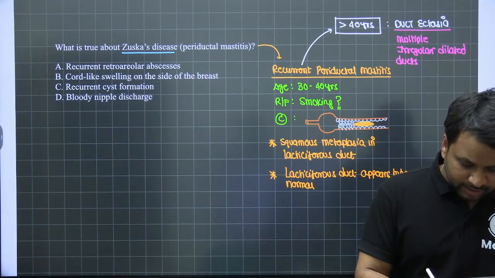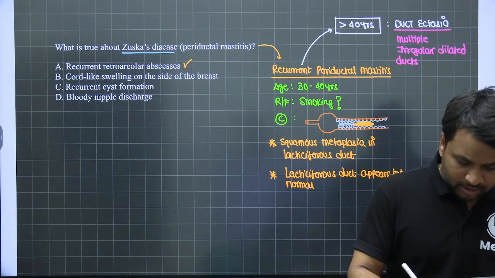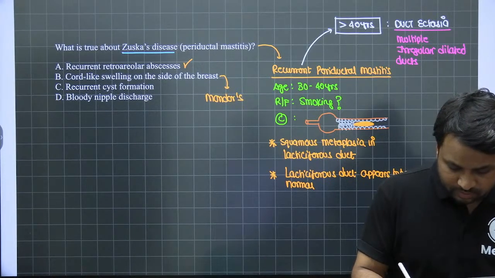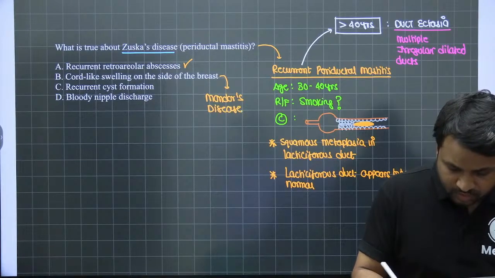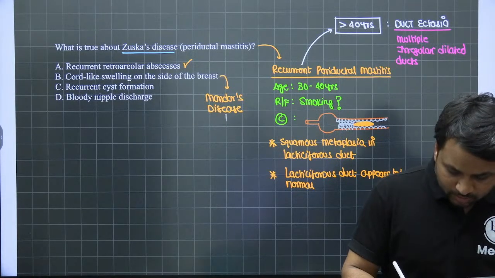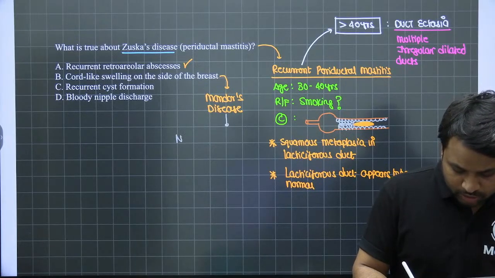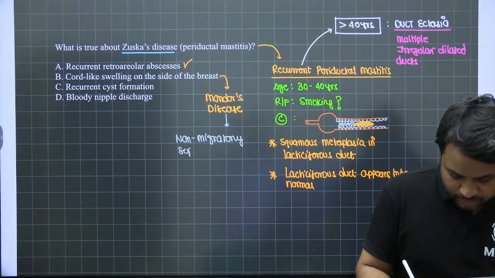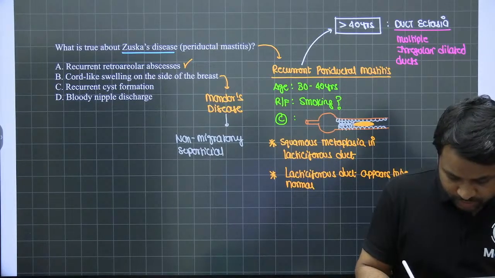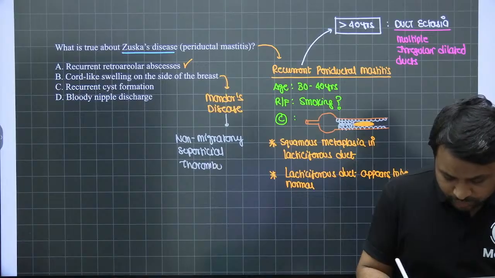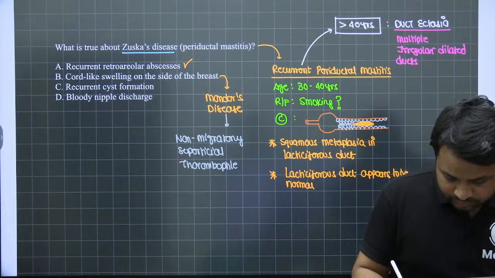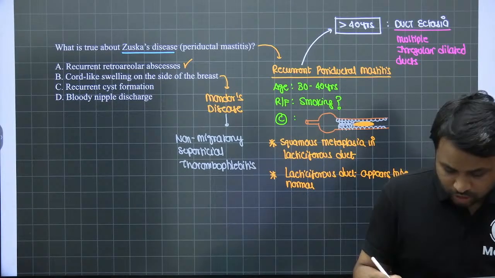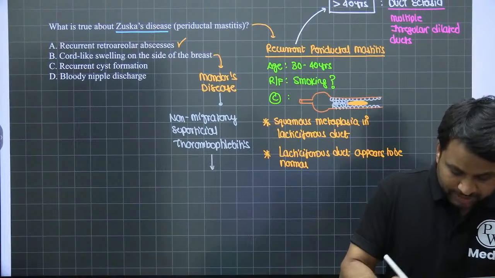So is it a recurrent retroareolar abscess? It is correct. A cord-like swelling on the breast is usually seen in Mondor's disease. Mondor's disease is a non-migratory superficial thrombophlebitis.